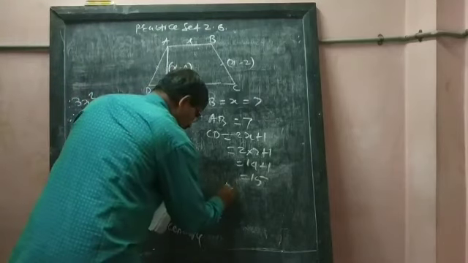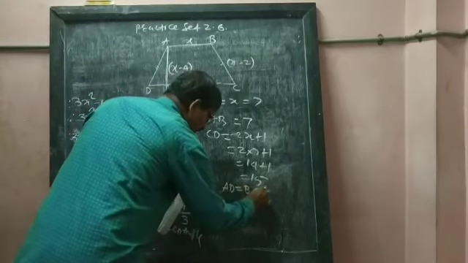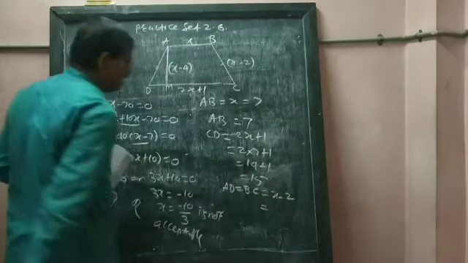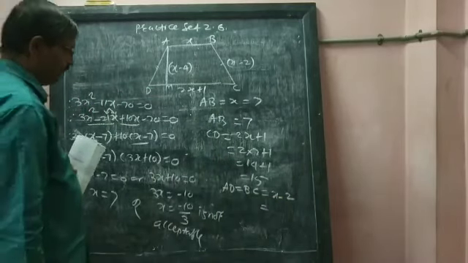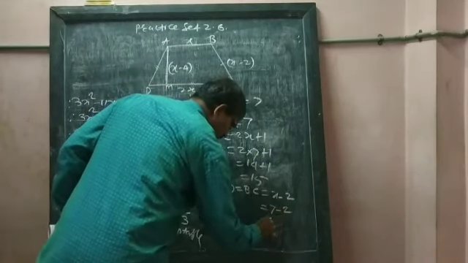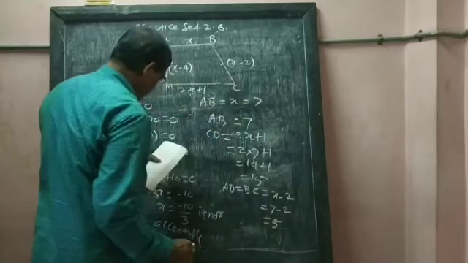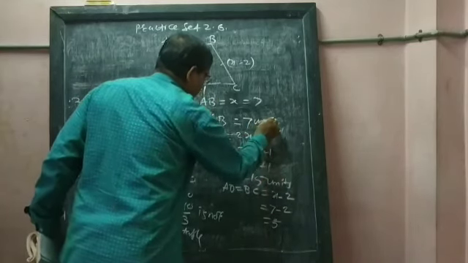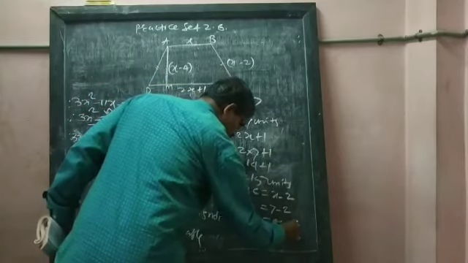AD is wanted. AD is equal to BC is equal to x minus 2. What was x? x means 7, so 7 minus 2 you will get 5. Here nothing is mentioned but don't forget to write units.